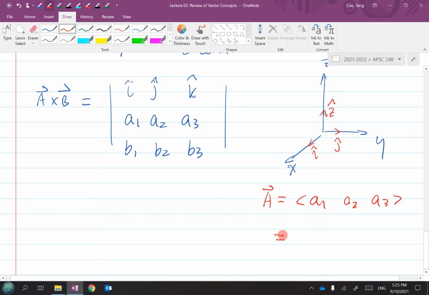Alternatively, you can also write this particular vector using this notation: A1 i hat, A2 j hat, and then A3 k hat. So they are equivalent. Sometimes you'll see both of these notations in my lecture notes.